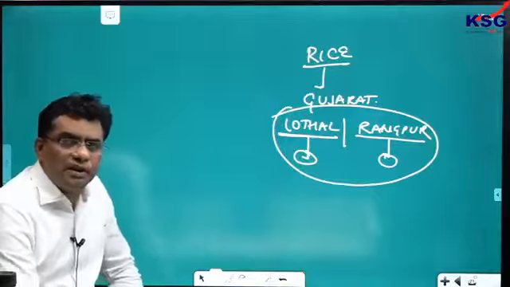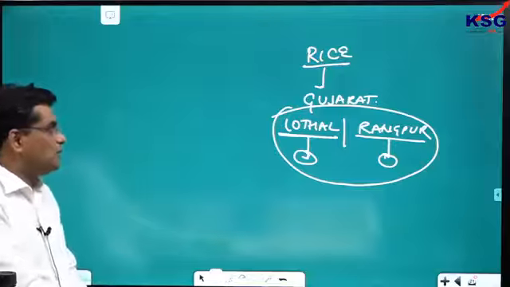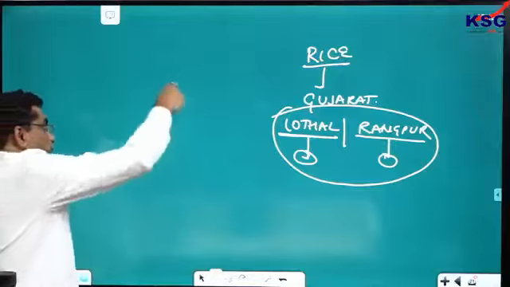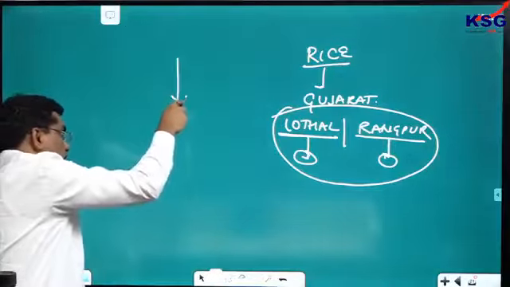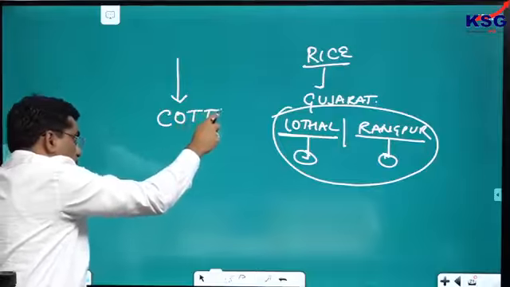Gujaratis are very good in making the dhoklas, so they needed rice. And then one more thing that we need to catch here, that Harappans were first in the world to grow cotton.